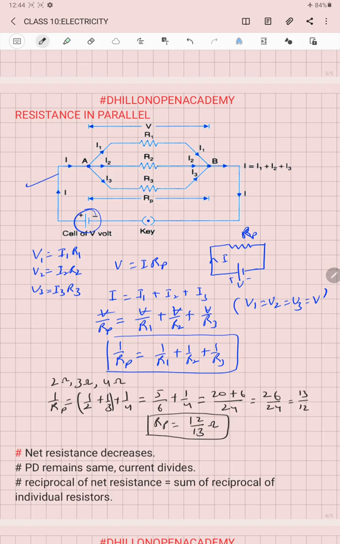So net resistance is 12 by 13 ohm. You can see that here net resistance is getting decreased.